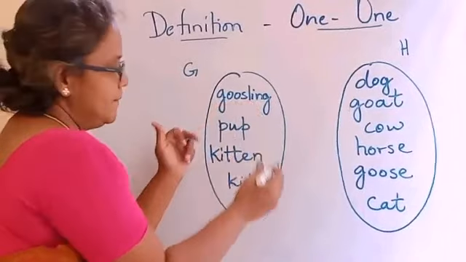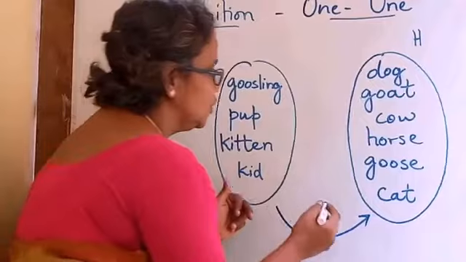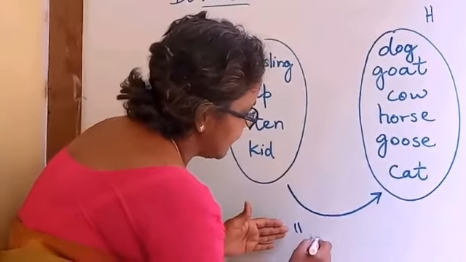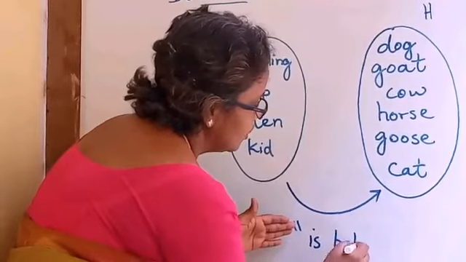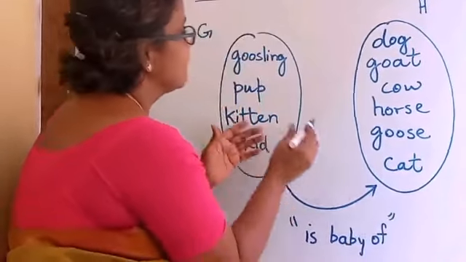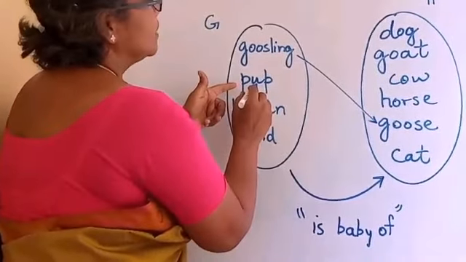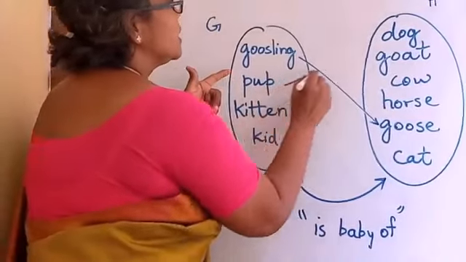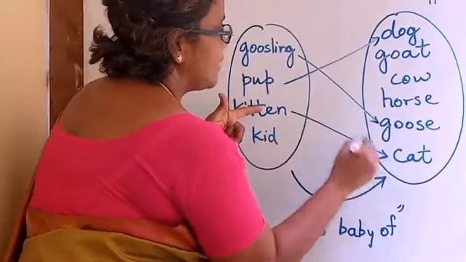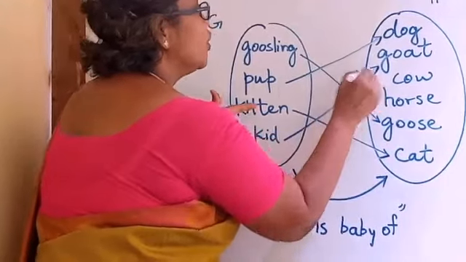So gosling is related to whom under this function, is baby of? Whose baby is gosling? It's nothing but goose. Pup, whose baby is it? It is the dog. Kitten is matched with cat. Kid is matched with goat.